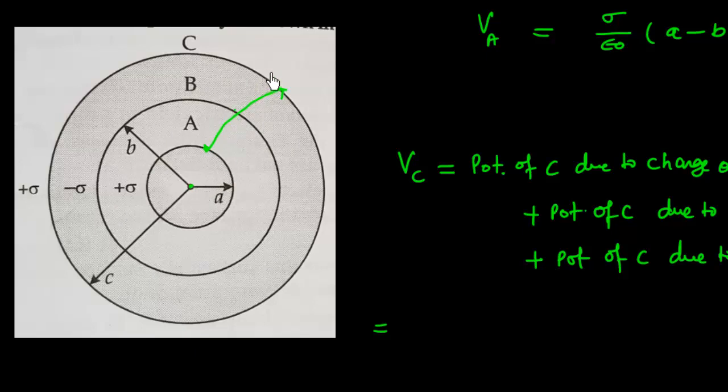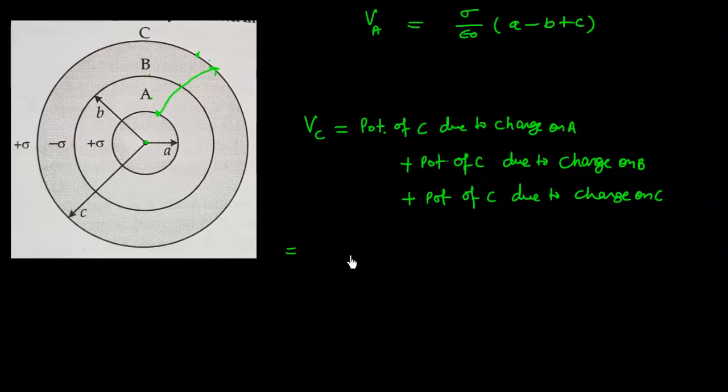So to find the potential of C, we can think all the charges of A, B, C are kept at the center. So we can write the potential of C as K QA upon c plus K QB by c plus K QC by c. Why all c?